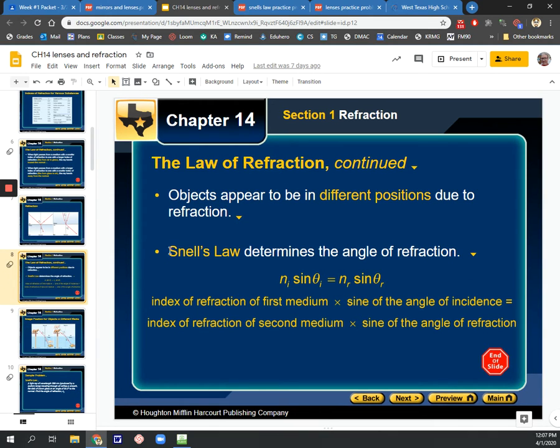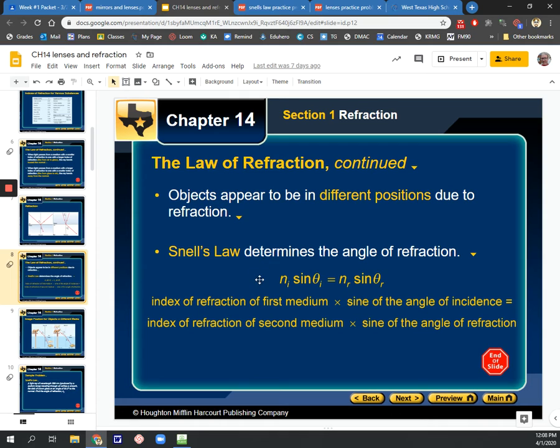Now, it's very important that we talk about something called Snell's law. Snell's law is going to be a very easy equation that you're going to use to determine angle of incidence versus angle of refraction whenever light's moving between two different media. And it's super duper simple.